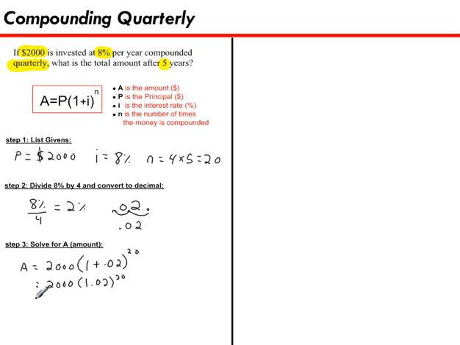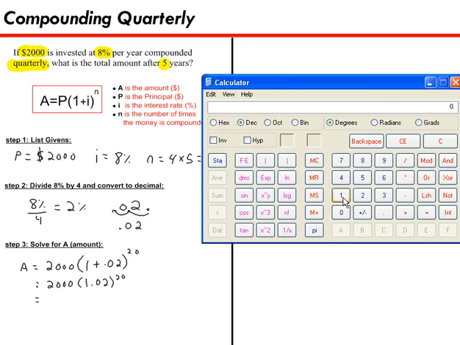Now I can go ahead and use my calculator for the last step. I'm going to take 1.02 and do the exponent of 20 on it. Take that answer and multiply it by 2,000. So 1.02 to the exponent, which is this button here, x to the y, 20, equals, and I'll times that by 2,000.